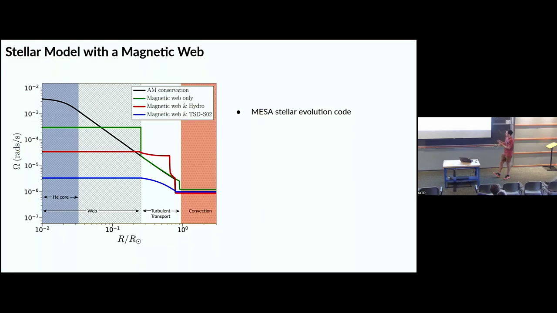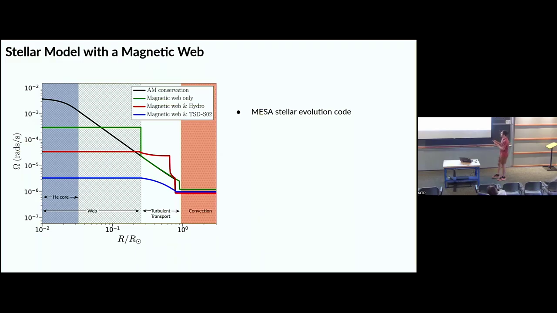And then I sequentially turn on different types of turbulent transport. If I turn on the magnetic web, which tracks the previous location of the convection zone, it basically flattens the rotation rate, redistributes all the angular momentum inside of the web region. But there's a big discontinuity between the web and the turbulent transport region because for the green one, there is no turbulent transport.